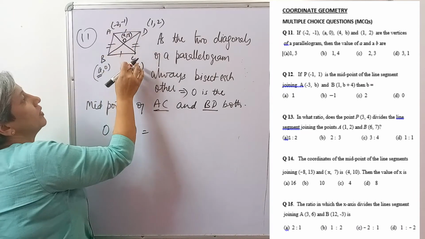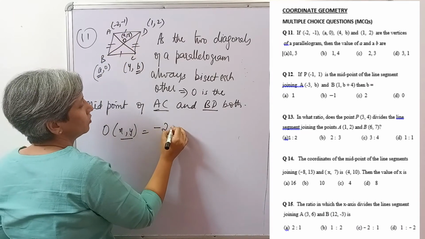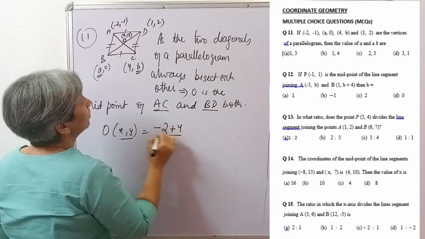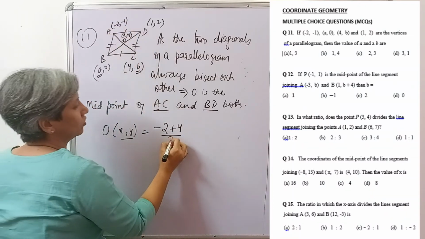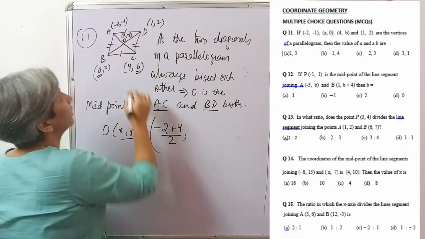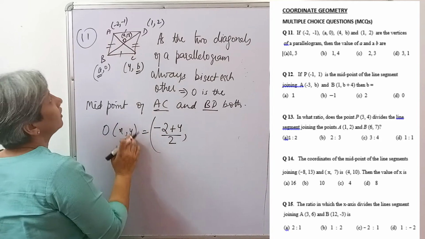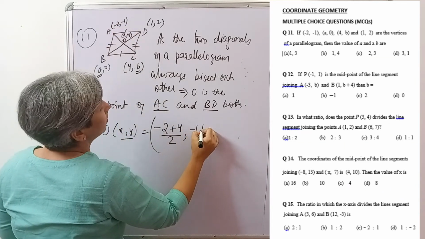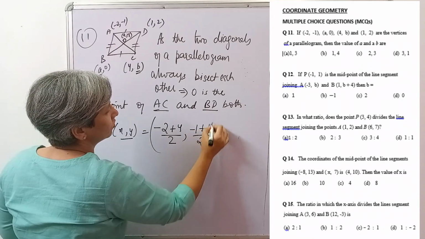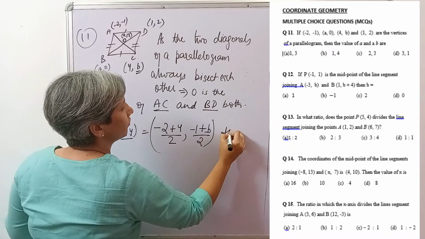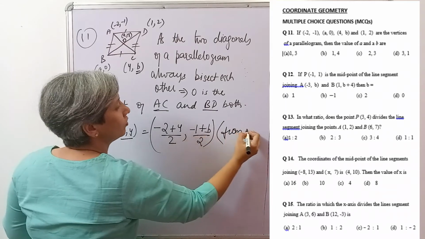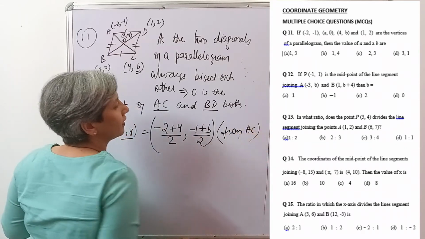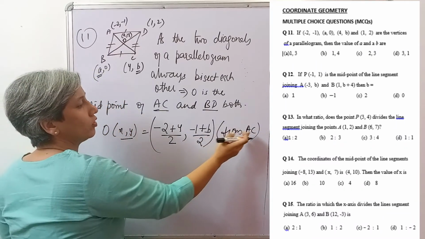It's (x1 plus x2) upon 2, which is (minus 2 plus 4) upon 2, right? And if you find the y, (y1 plus y2) upon 2, that is (minus 1 plus b) upon 2, right? This we have found out from the midpoint of AC formula.